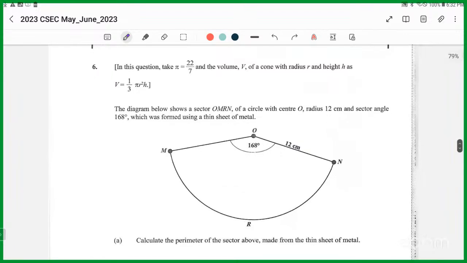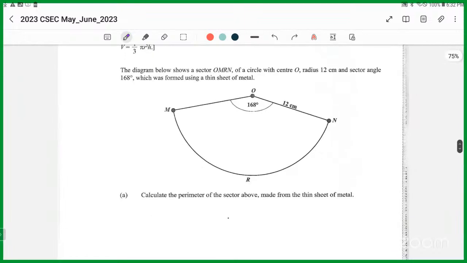So this is the net of the cone, the net when the cone is flat out. When you have a three-dimensional object and you flatten it out, that's what they call the net. You can fold it into the shape that you want. So this is the net of a cone in this question.